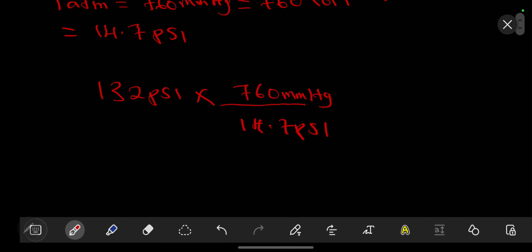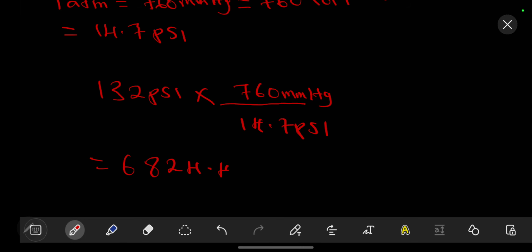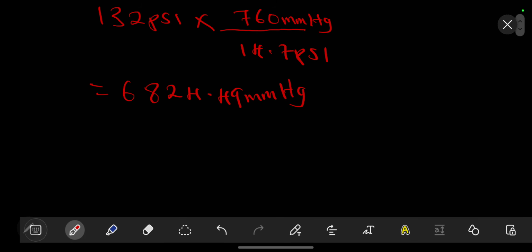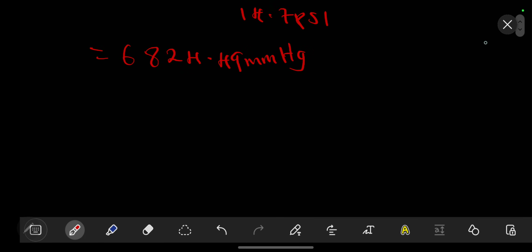So when we multiply 132 times 760 divided by 14.7, we get 6,824.49 millimeters of Hg. So this is our pressure in millimeters of Hg.